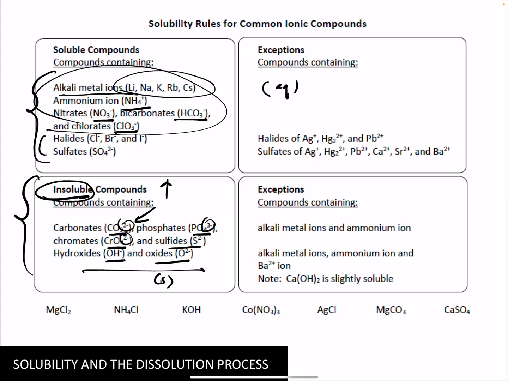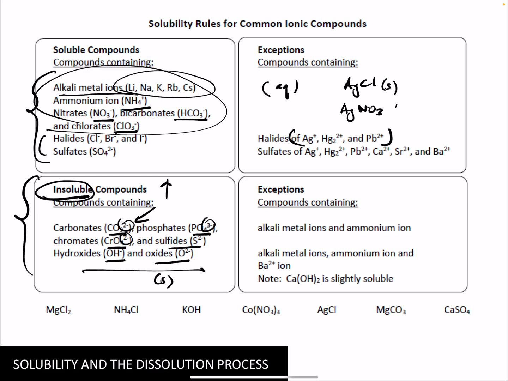Halides and sulfates are usually soluble, but there's an extra thing to watch out for. Halides like chloride, bromide, and iodide are usually soluble unless they're halides of silver, mercury, and lead. So AgCl will be insoluble.